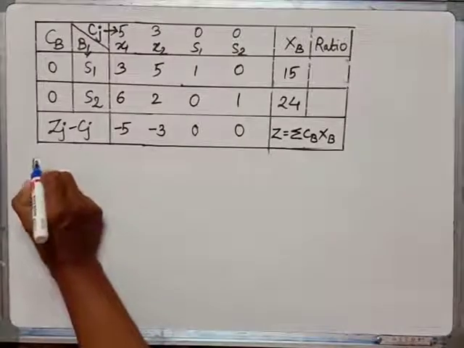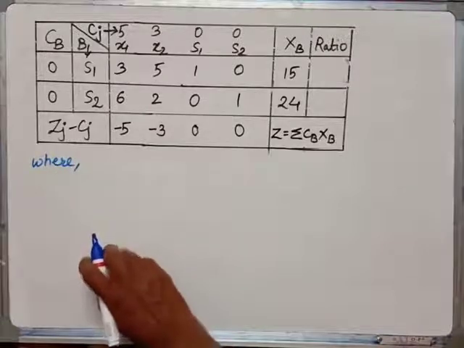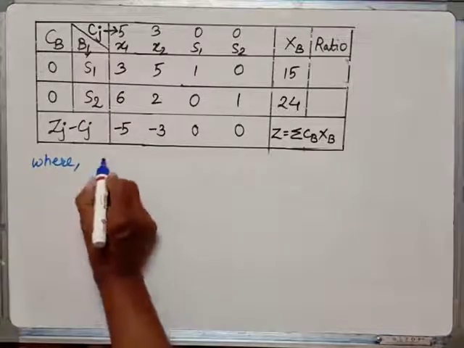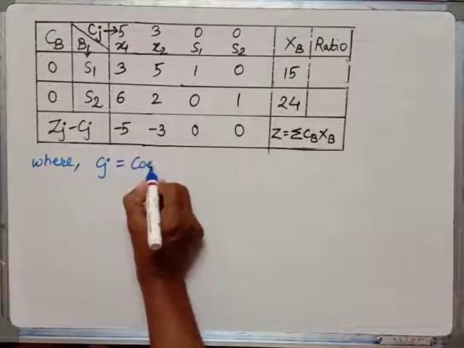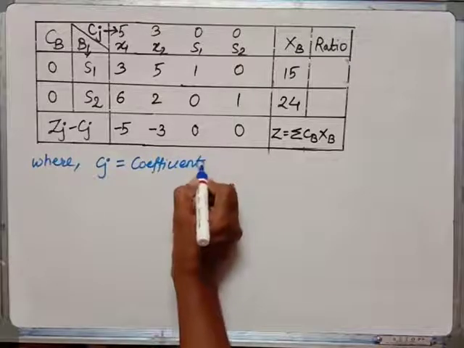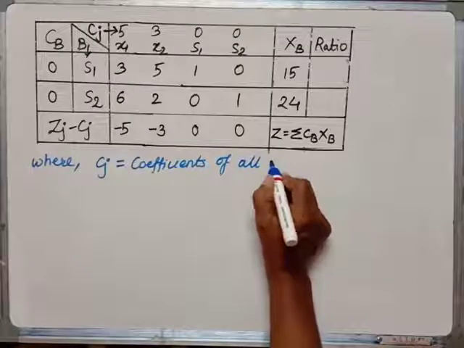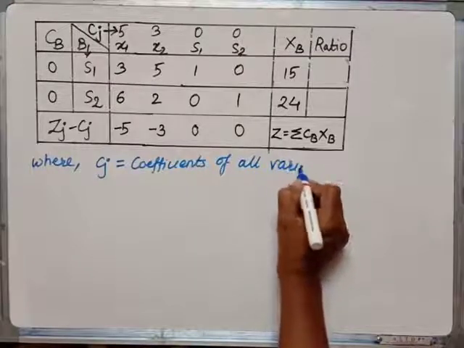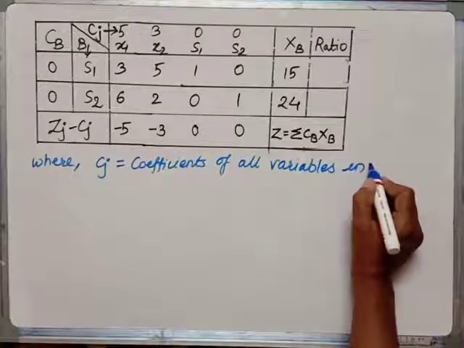Where Cj, what is Cj? Coefficients of all variables in the objective function.